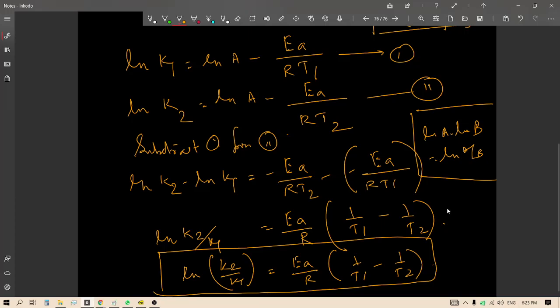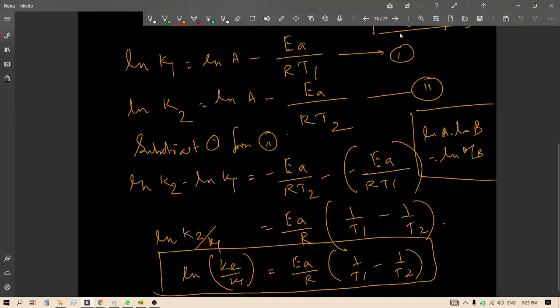Now we cannot deal with natural logarithm. Simple point, because we cannot find natural logarithm in log tables and calculators are not allowed in CBSE. So we have to go to decimal logarithm. So let me rewrite this entire equation. ln K2 by K1 is equal to EA by R times 1 by T1 minus 1 by T2.